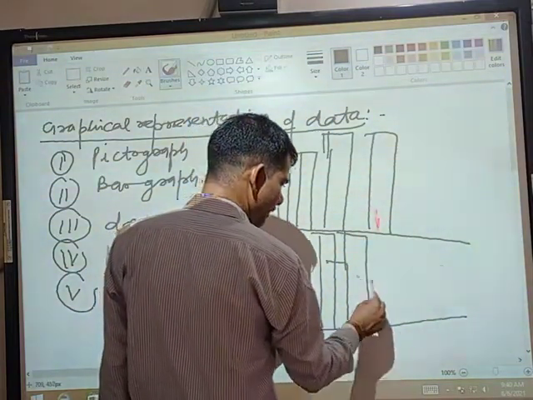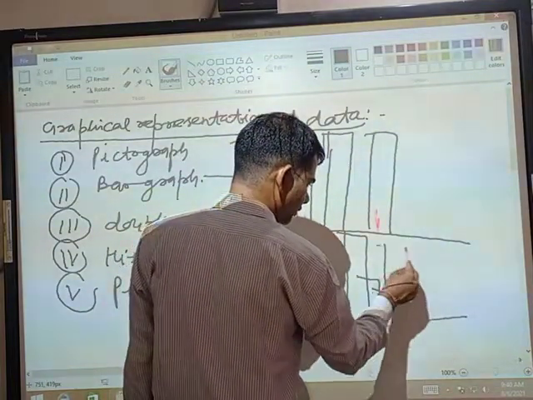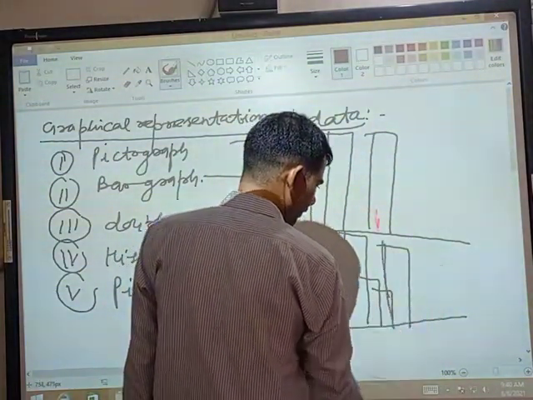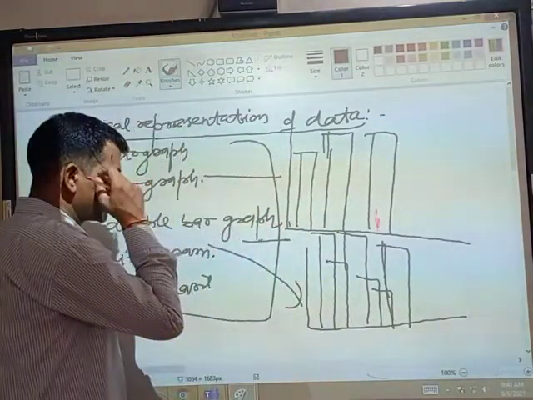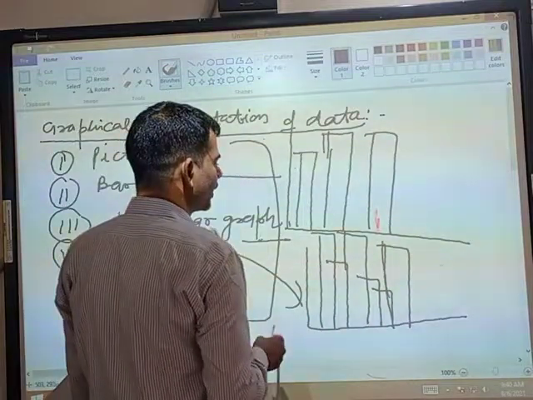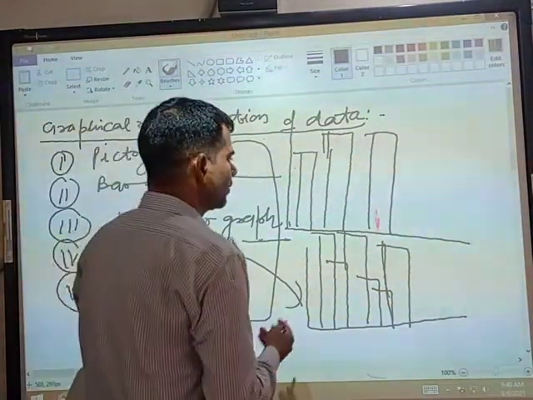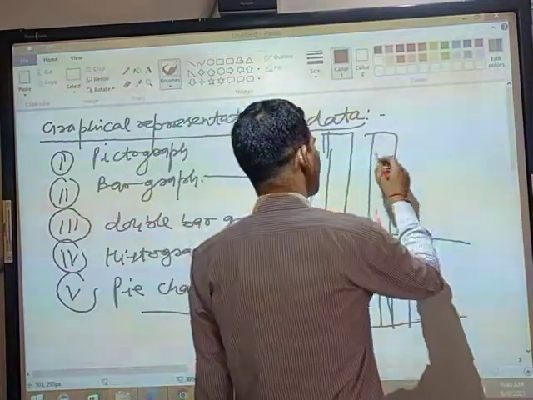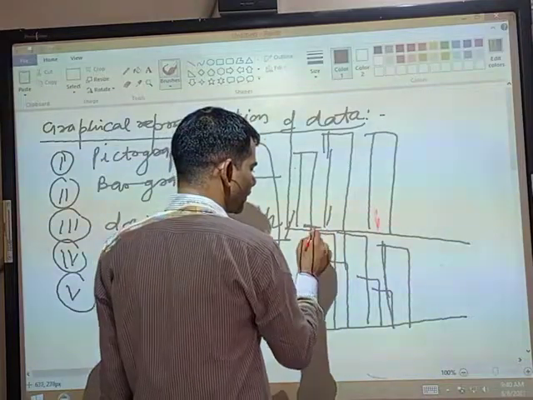In a histogram there is no gap between the rectangles. But in a bar graph, this is a rectangle, this is also a rectangle, and there is a gap between them.